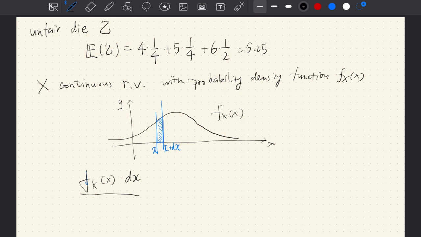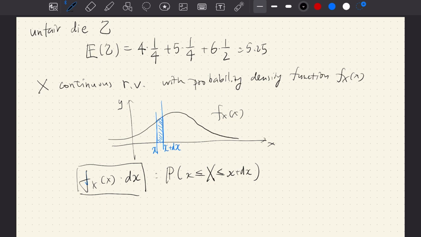But we say that the area under the curve for probability density functions actually represents probability, right? So actually this is the probability that x is less than or equal to X, or less than or equal to x plus dx.